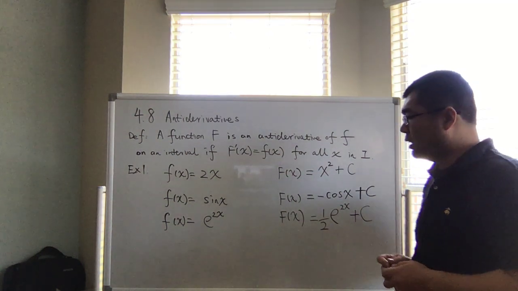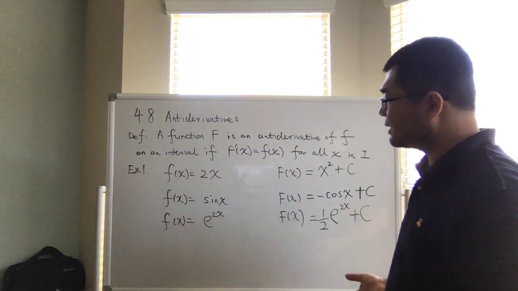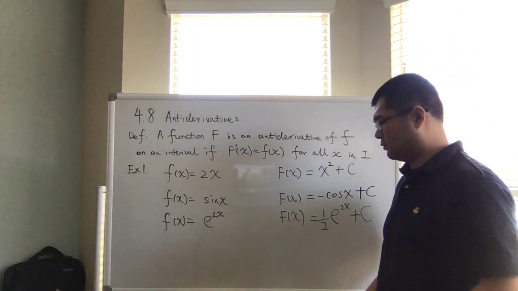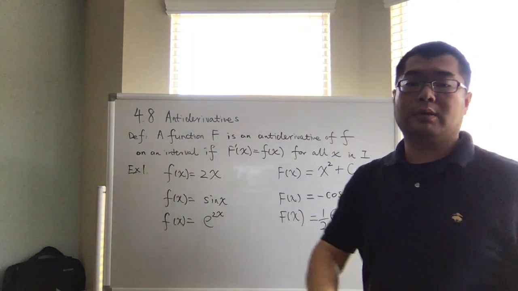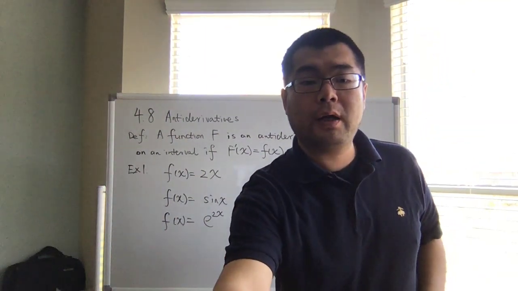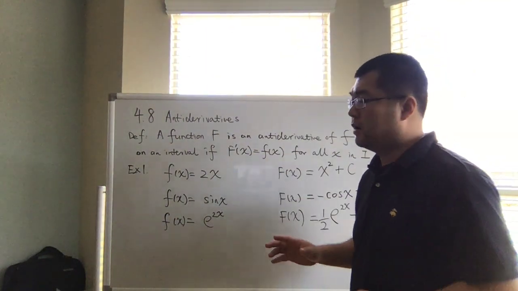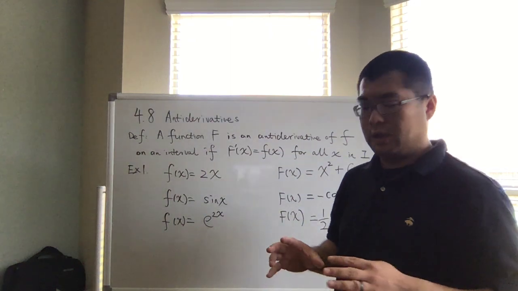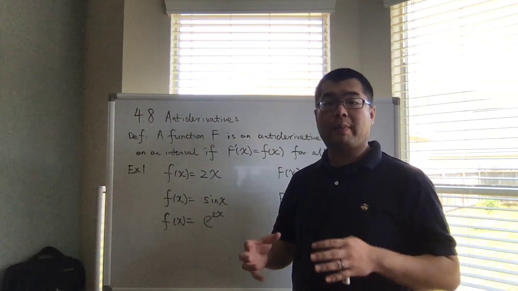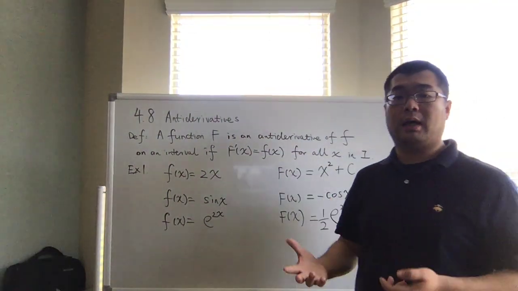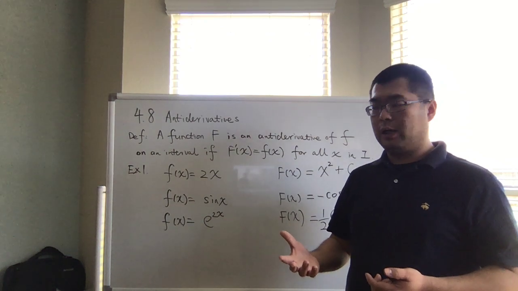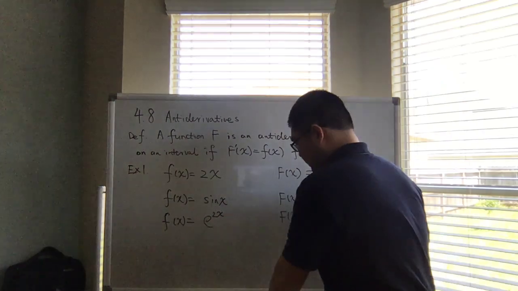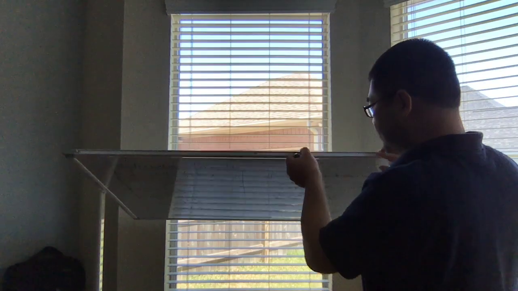Okay, so that's about some basic examples of the antiderivative. Now, in our textbook, they give you a formula sheet about the antiderivative. There are a lot, but I wrote some on the other side.